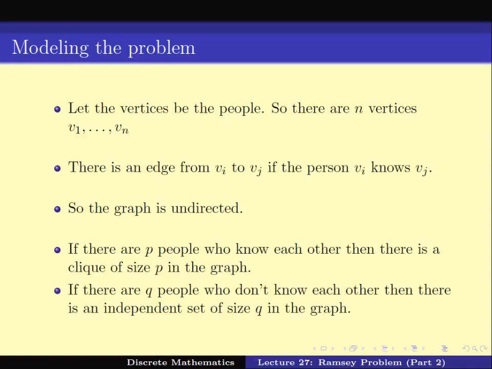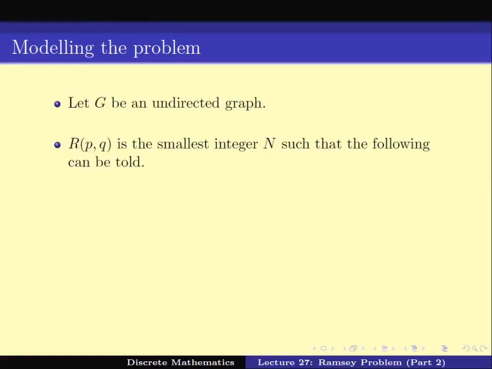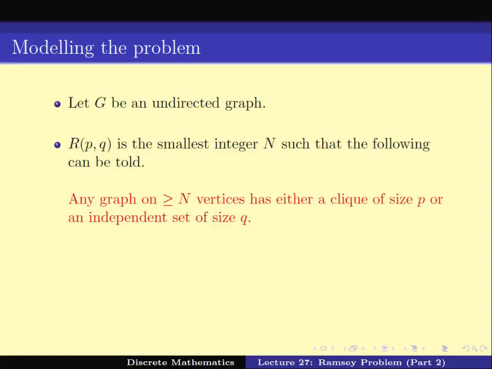If this is how we look at it, the definition of R(p,q) becomes: R(p,q) is the smallest integer n such that any graph on at least n vertices has either a clique of size p or an independent set of size q. So this is how we would like to define R(p,q).